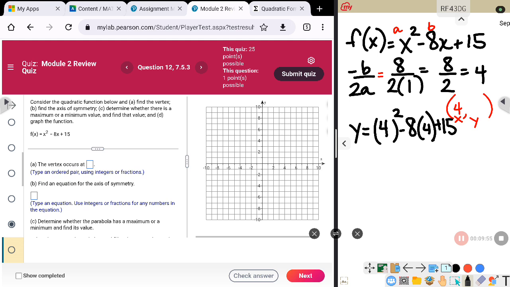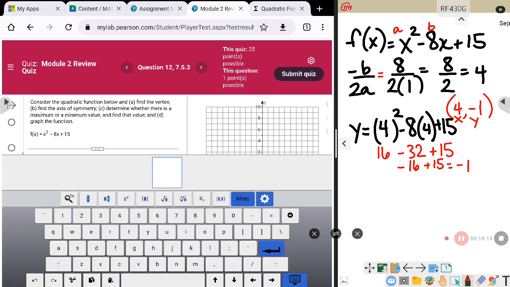So that would give me 16 minus 32 plus 15, which is negative 16 plus 15, which gives me negative 1. So the y-coordinate of the vertex is negative 1. Again, we're going to type that in as an ordered pair. So it's going to be at 4, negative 1.